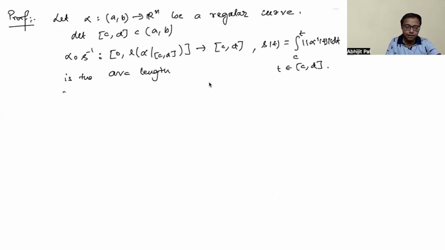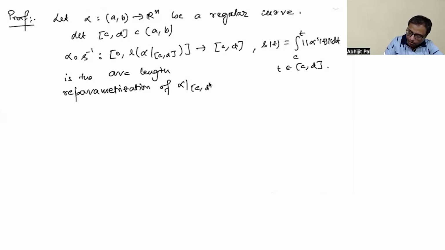Now if I take the derivative of this alpha compose S inverse of u, this will be alpha prime of S inverse u, and then we have the scalar multiplication ds inverse du.